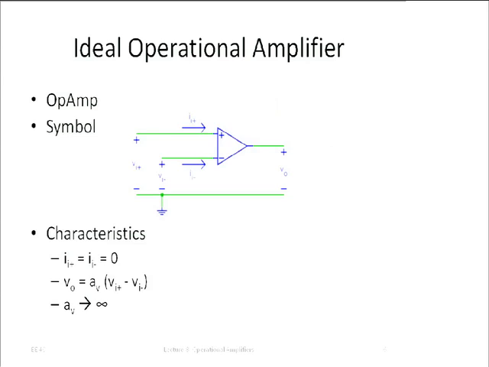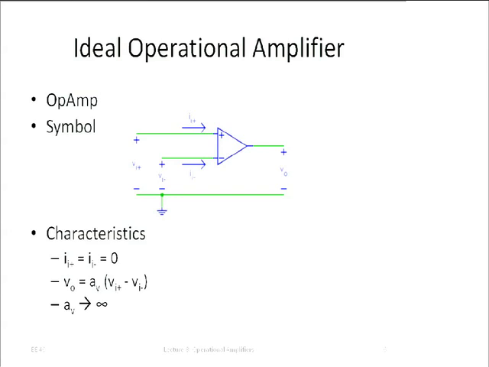So first of all, it's got a symbol. So you see that here, a nice triangle. It has two inputs. They are labeled. Generally, one input is labeled with a plus sign, and the other input is labeled with a minus sign. And then it has an output that's at the tip of the triangle. And then it has characteristics. Well, if it has inputs, there could be current flowing into the operational amplifier.